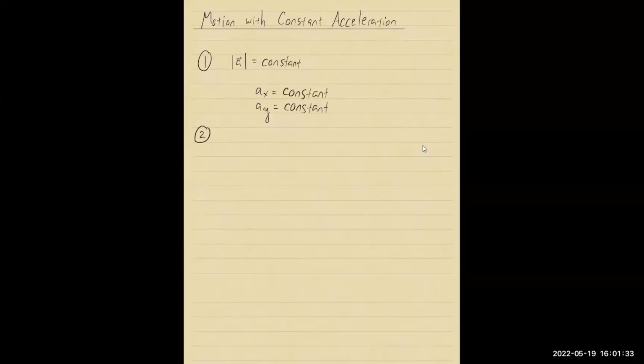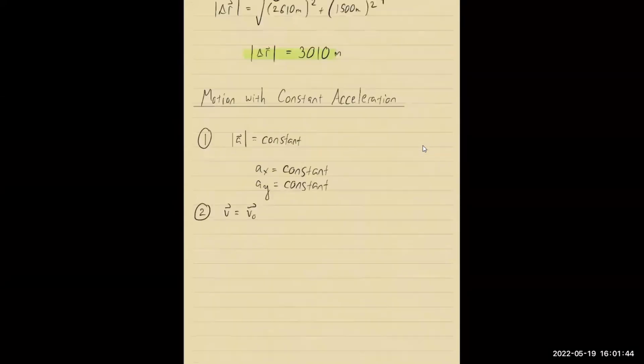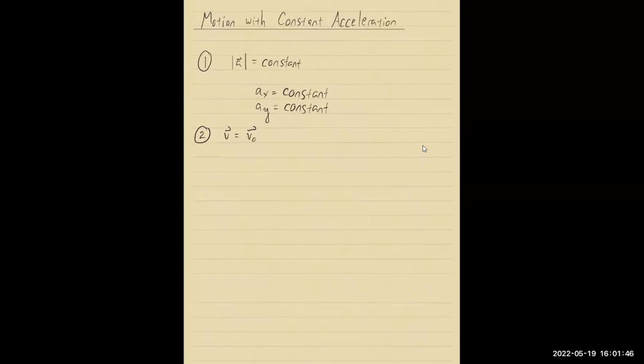Then next up, our second constant acceleration equation in 2 dimensions is that our final velocity is equal to our initial velocity vector plus our acceleration times time. And again, you can break this up into component form.